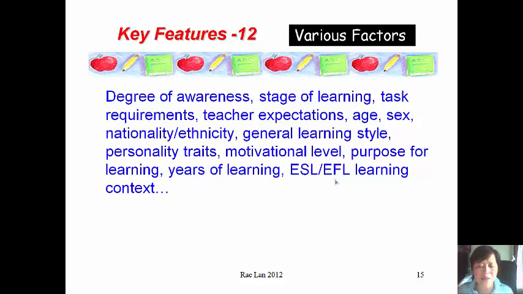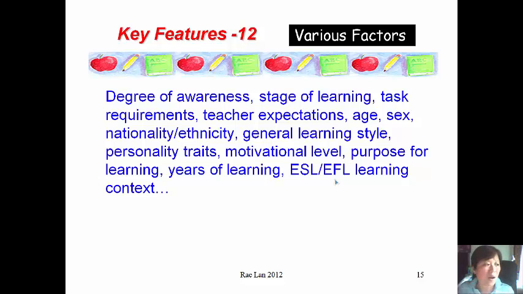We also believe that the cultural background you come from, the ethnic background you come from, matters. For example, Taiwanese learners of English probably use different strategies compared to French learners of English. Our general learning style, our personality traits.